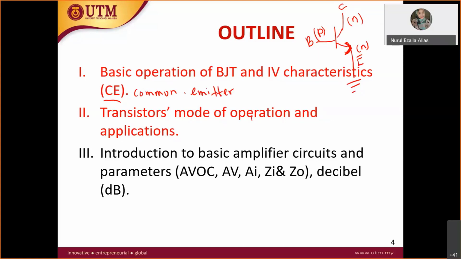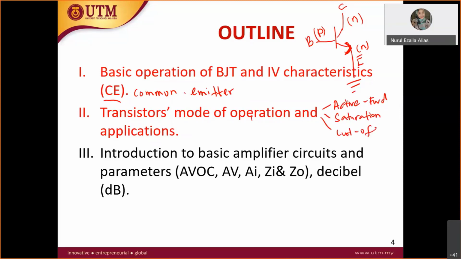I have also explained the transistor modes of operation and their applications. It has the modes of active, forward active, then saturation, and then cut off.